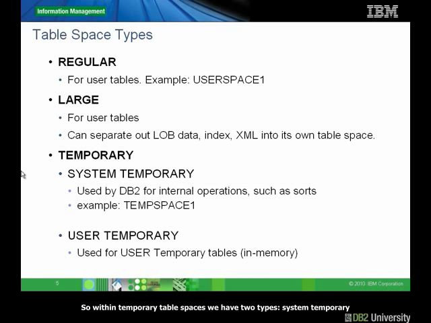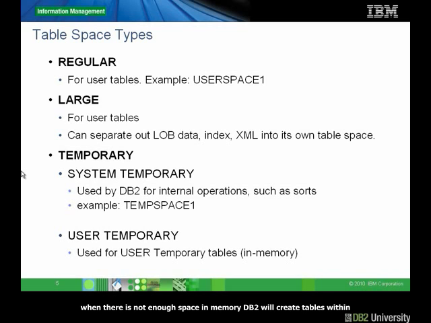Within temporary table spaces, we have 2 types: system temporary. For example, we have temp space 1 table space, which is also created by default when you create a new database. There must always be at least one system temporary table space. This type is used by the system, meaning DB2.